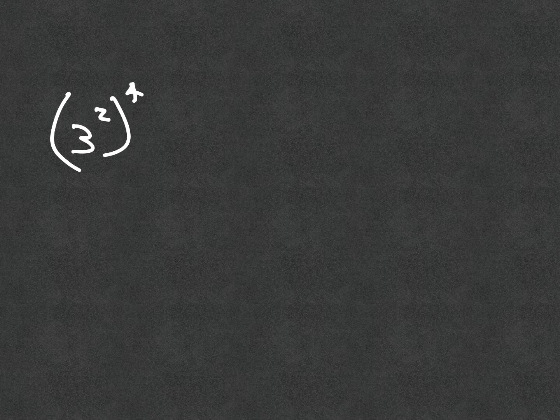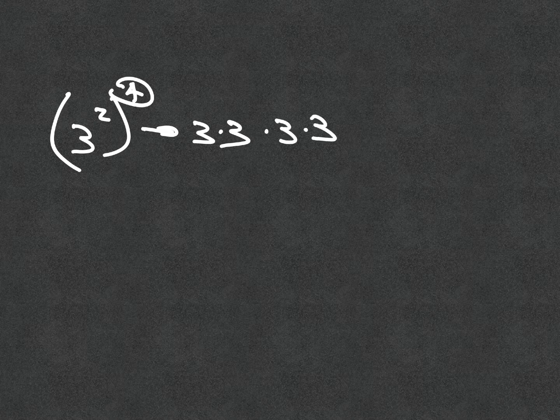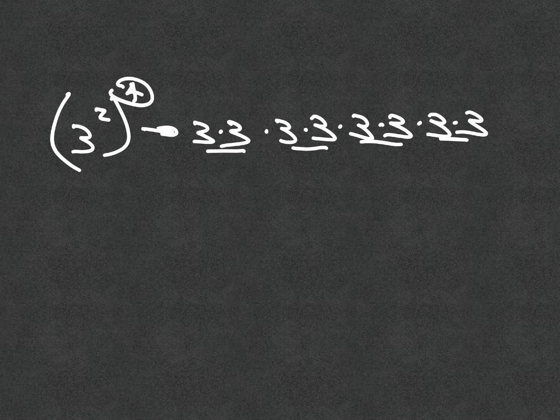So what that means is we're going to take that 3 times 3 and do it 4 times. So we've got 1, 2, 3, 4. So how many 3s do I have there? I have 8 3s. So that actually equals 3 to the 8th power, which is what 4 times 2 is.